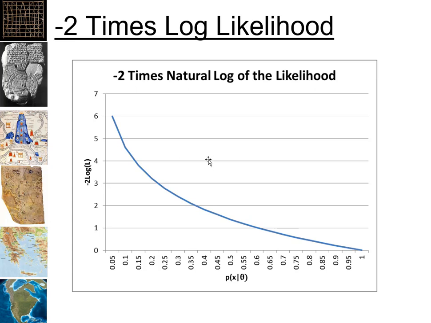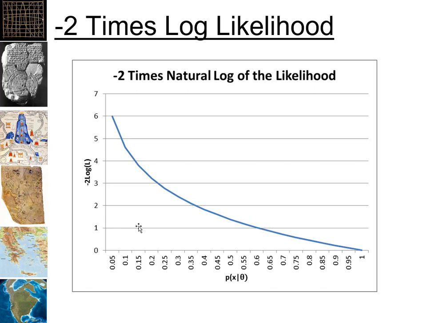I just did this in Excel, but if we take -2 times the log of L, instead of having our probabilities get tiny really quickly, we have this curve, whereas the probability increases, we get closer to 1. So in other words, as this value decreases, we get higher probability. So for -2 times the log of L, we're looking for the smaller, lower value.